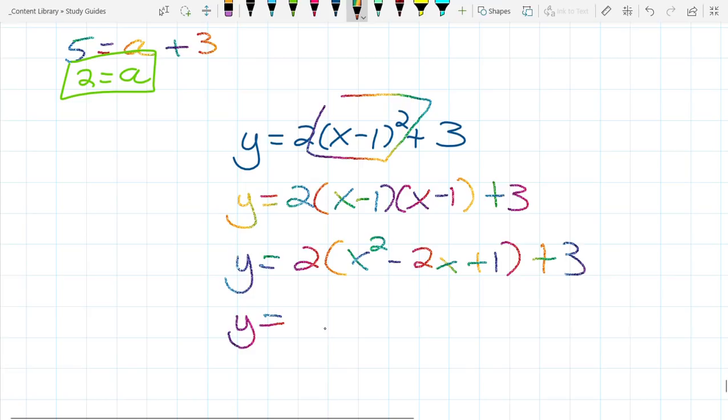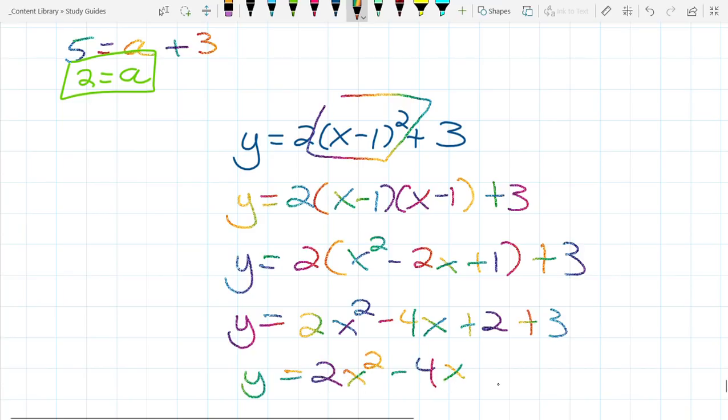Now you distribute the 2, so 2x squared minus 4x plus 2 plus 3. Now you combine like terms, so 2x squared minus 4x plus 5. If you wrote it in standard, that would have been your answer.